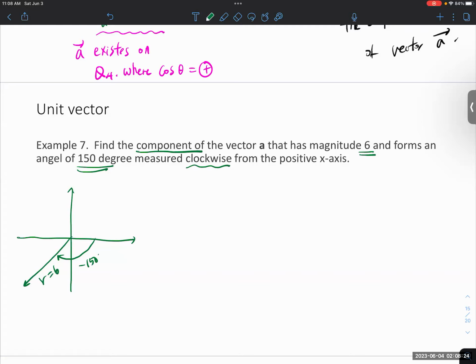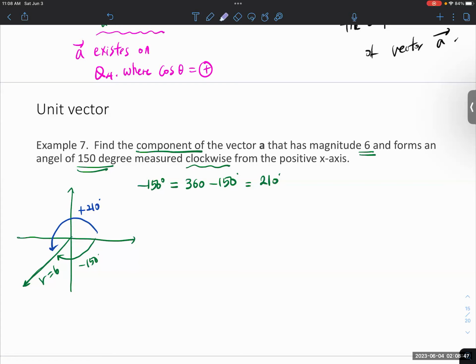If you don't want to work with the negative, negative 150 is the same location as 360 minus 150. If you do that, 210, so positive. This is a positive 210 degrees, and the bottom is 150 degrees.